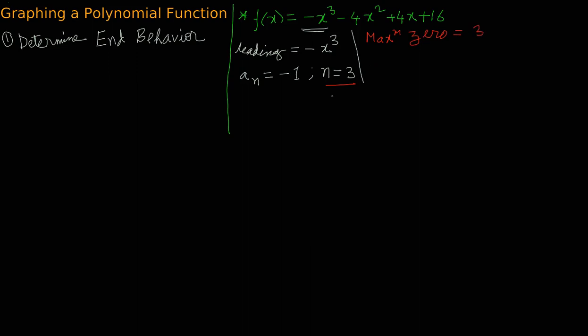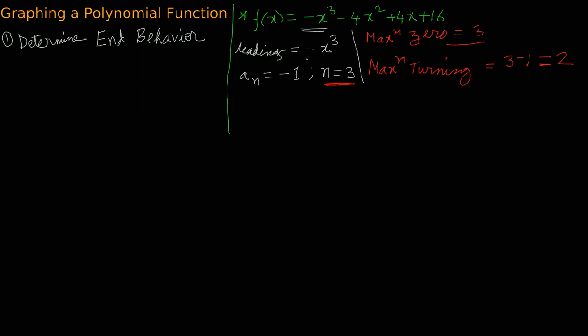What is the maximum number of turning points if n equals 3? It will be n minus 1, which is 3 minus 1, equal to 2. So in a nutshell, for a third degree polynomial I can have a maximum of 3 real zeros and a maximum of 2 turning points.